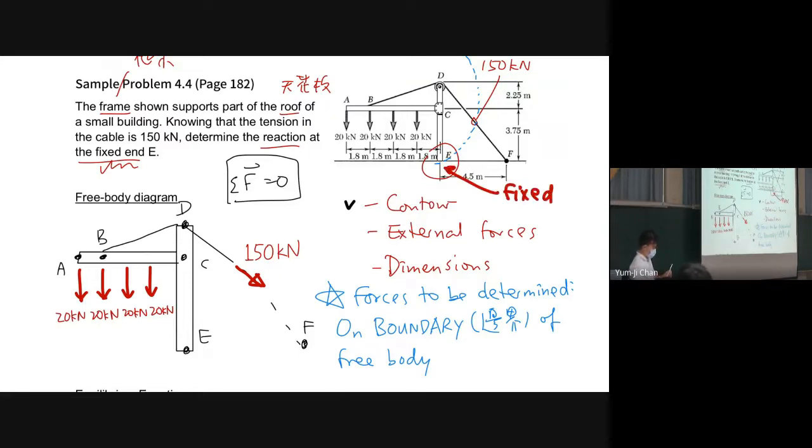And for this fixed support, can it move to the left or to the right? No. Okay, so we have a force Ex here, a force in the horizontal direction. Next, can point E move up and down?